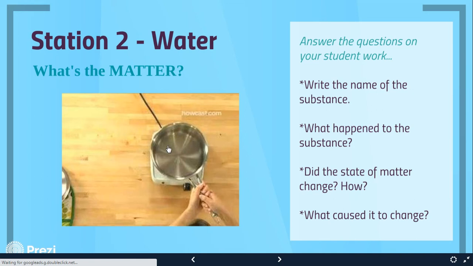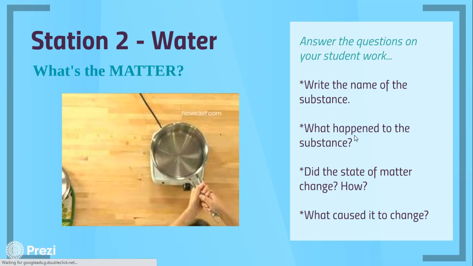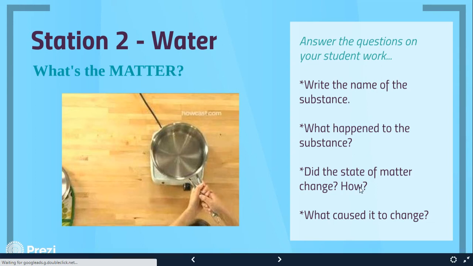Hopefully you know what that clear stuff is inside of that pan. Plus, I already told you. What happened to the substance? So what I want you to do is think about what happened when she lifted that lid. What did you notice? Did the state of matter change? And if it did, how? And what caused it to change? So go ahead and hit pause and answer those questions.